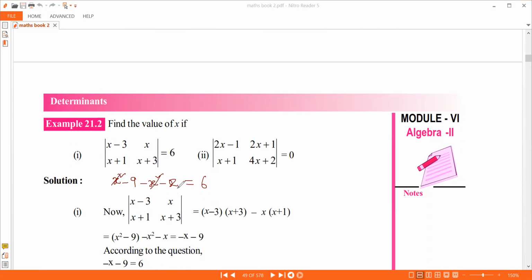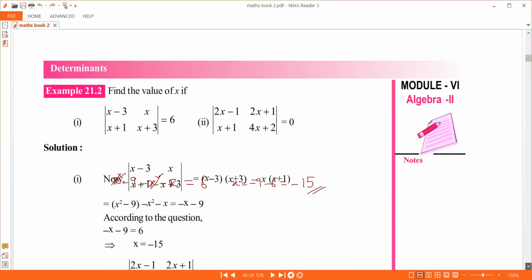What is left is x. x is equal to minus 9 minus 6. So it is negative 15 is the answer. You can give it a try. Negative 15 is what you get.